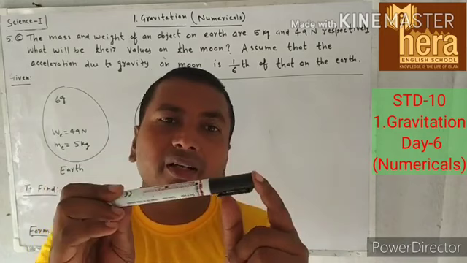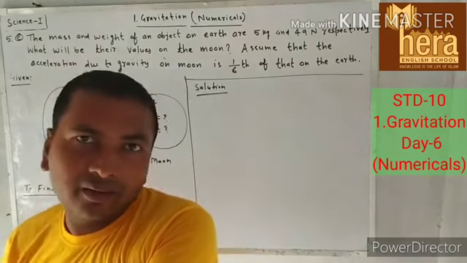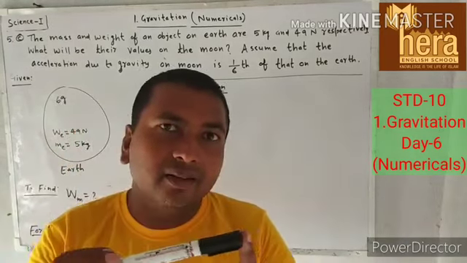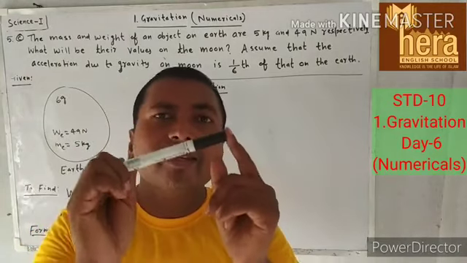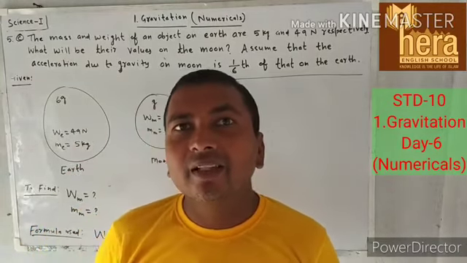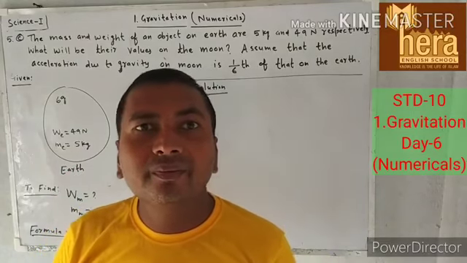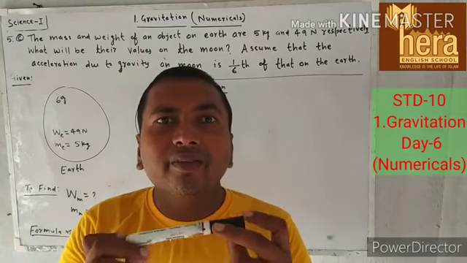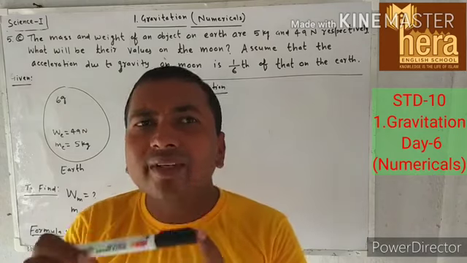If you take this marker on the surface of Jupiter, Mars, etc., the mass will be the same everywhere, because the value of mass does not depend on place, or we can say the value of mass remains constant everywhere.